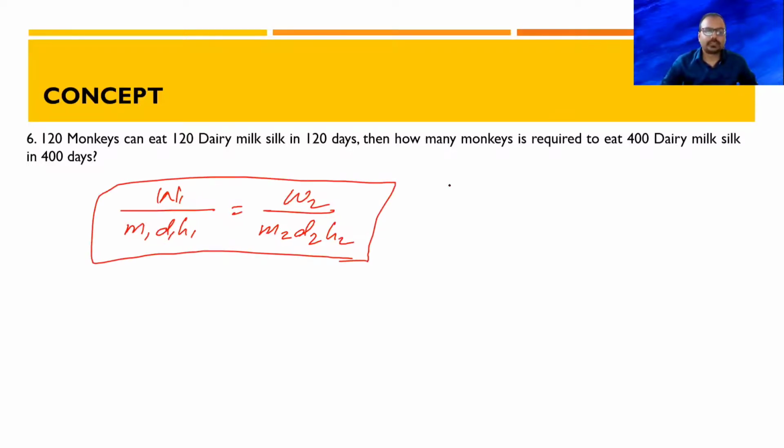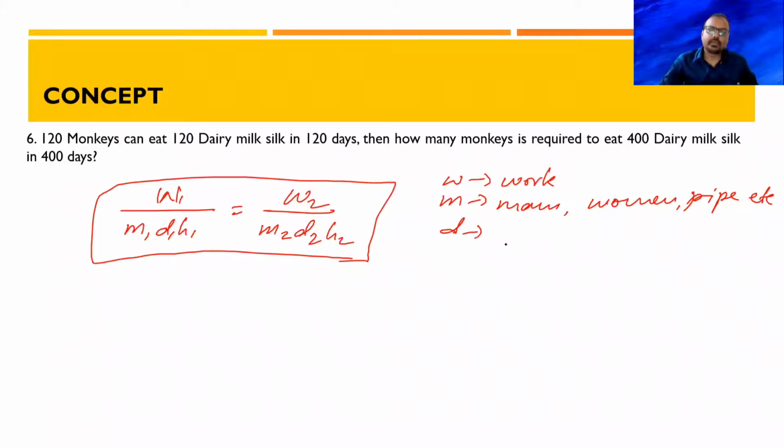What is W here? W is the amount of work. M can be a man, woman, pipe, any working object. D is the number of days, whereas H is the hours.